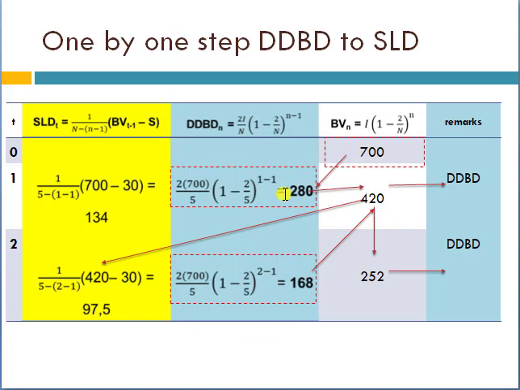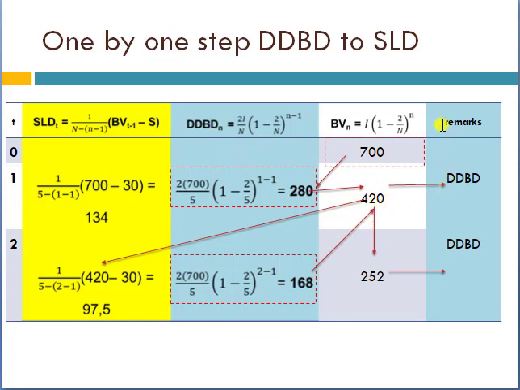Now 700 minus 280, and then we got the second book value for the second year, which is 420.